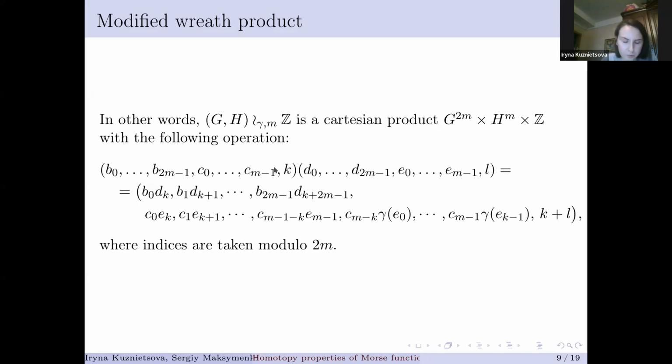Look at this formula. As previously, k shifts cyclically the elements d, and gamma switches elements from e.